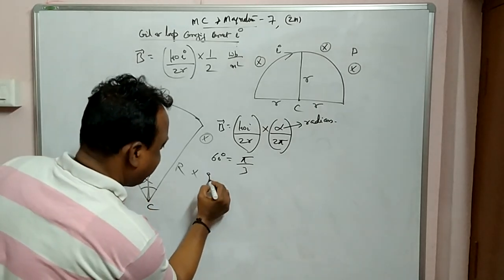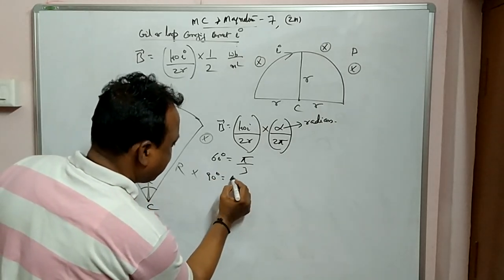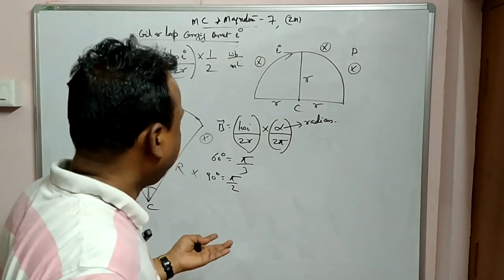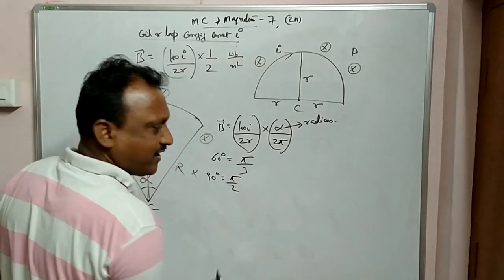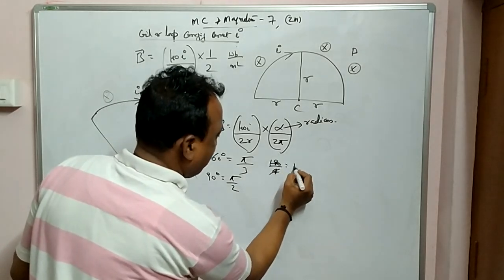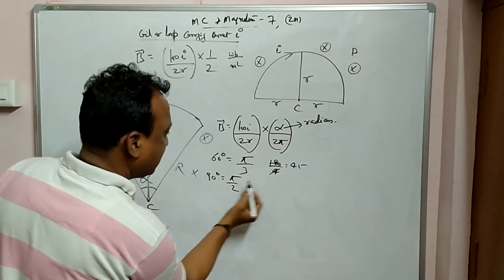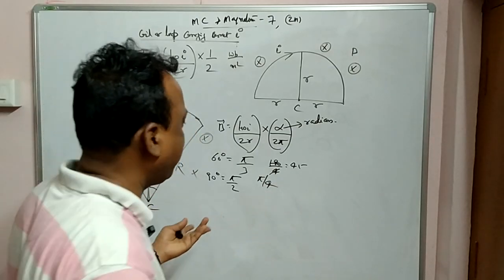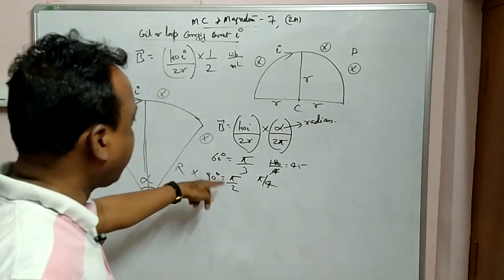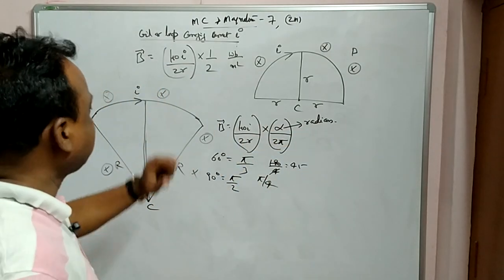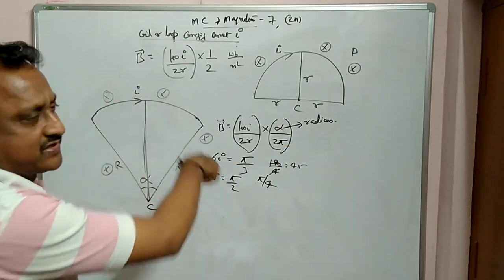Suppose 90 degrees is given: pi by 2, since pi is 180, 180 by 2 is 90. Similarly 45 degrees is pi by 4, 180 by 4. In any fashion you have to convert. Put it in radians, please, not in degrees. So this is the formula for an arc of a circle.